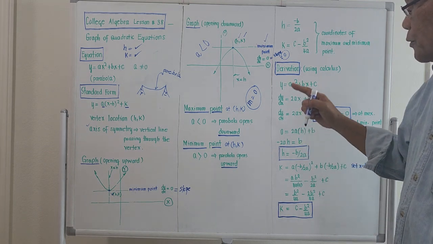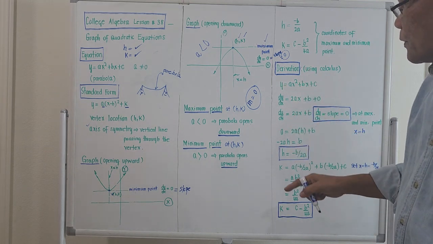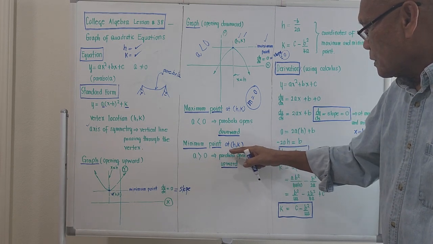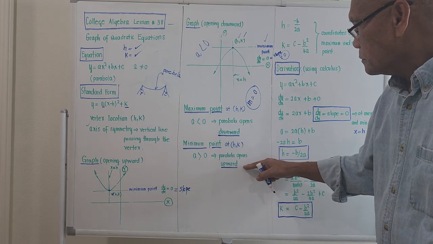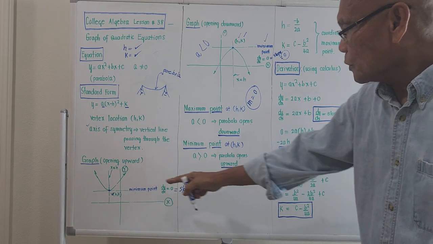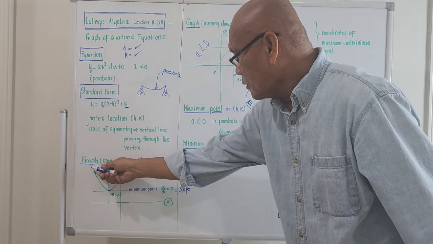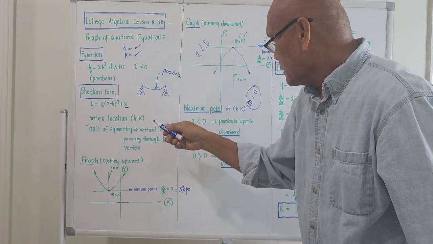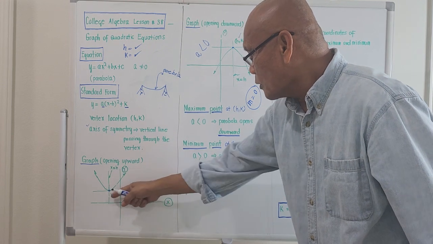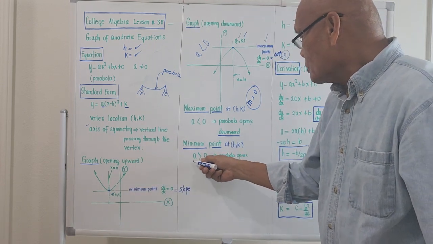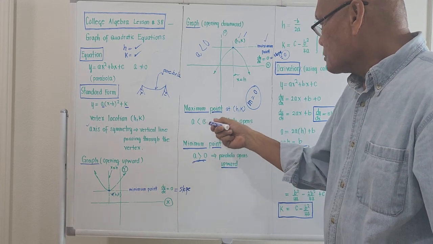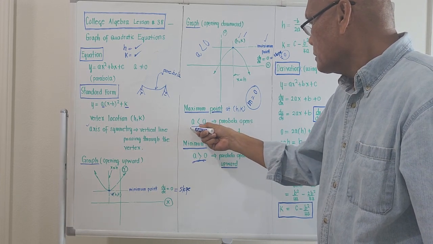And for it to become a minimum point, a should be greater than 0, and that parabola should open upward. If the parabola opens upward, the vertex is termed the minimum point. The condition for that is a is greater than 0. For the maximum point, a is less than 0.